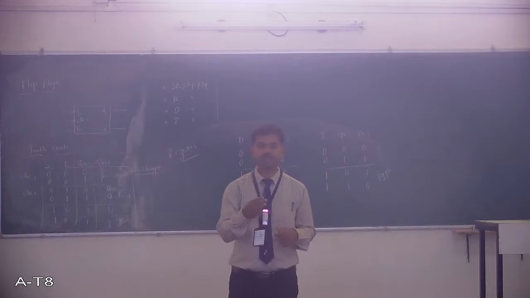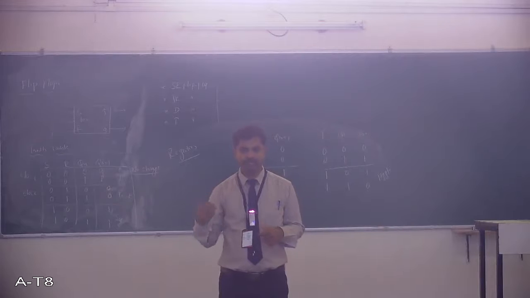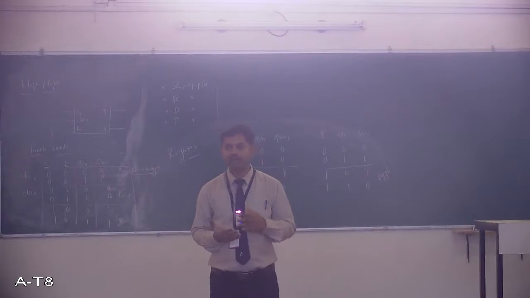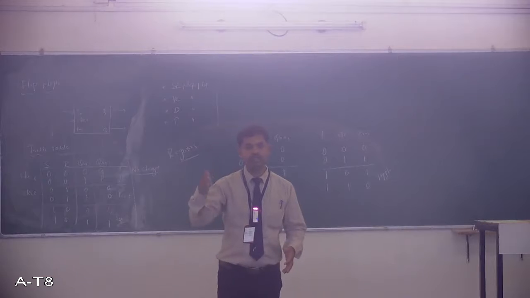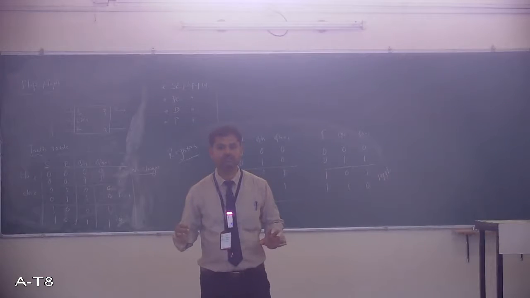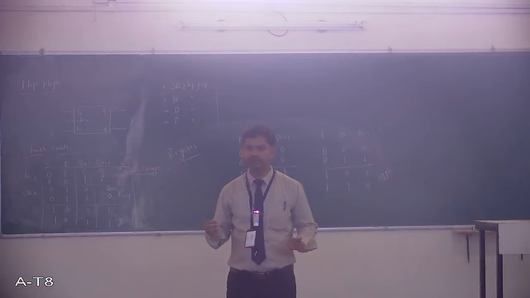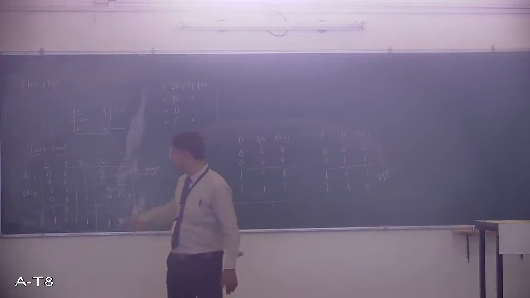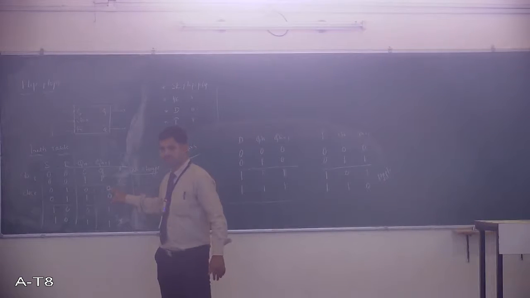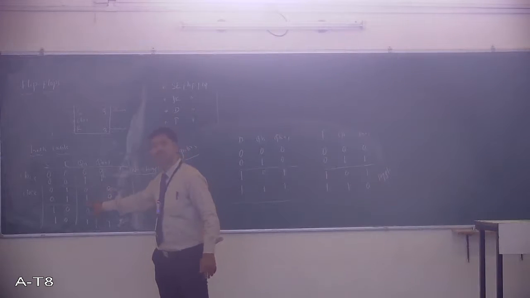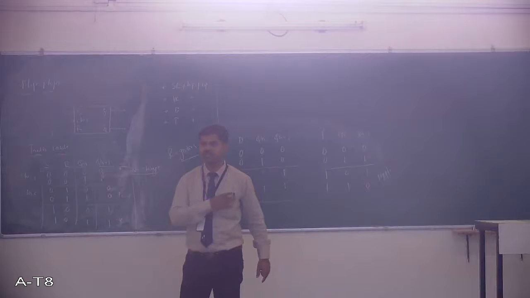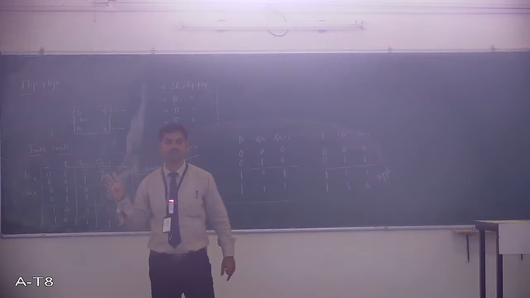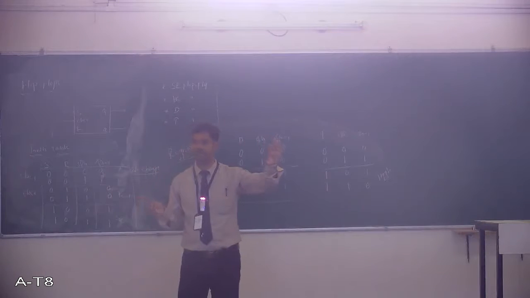When S is 0, R is 1, and you apply the clock signal, irrespective of whatever the present state may be, the output is straight away 0. Because when the present state is 0, the output is 0, and when the present state is 1, the output is also 0. If S is 0, R is 1, and you apply the clock signal, the output is straight away 0. Just forget about the present state.